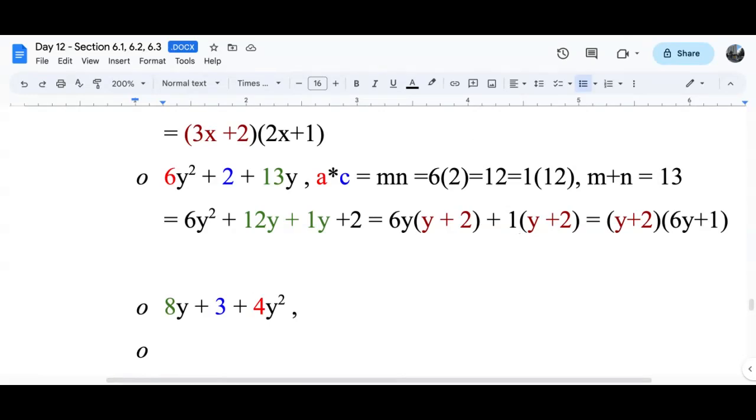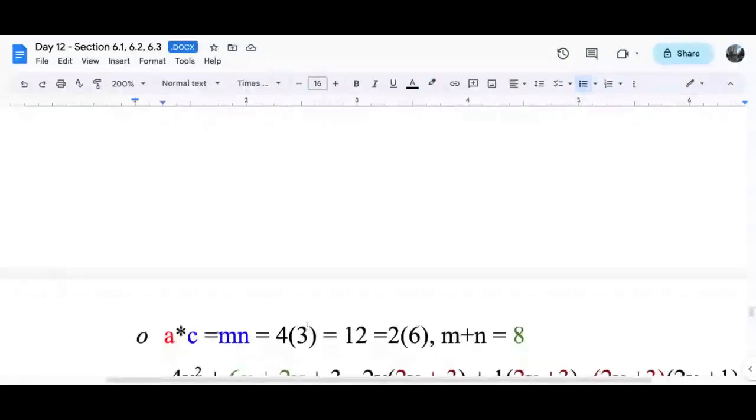All right, that's fast. 2y plus 1, 2y plus 3. Great. Great. Let's all go together.